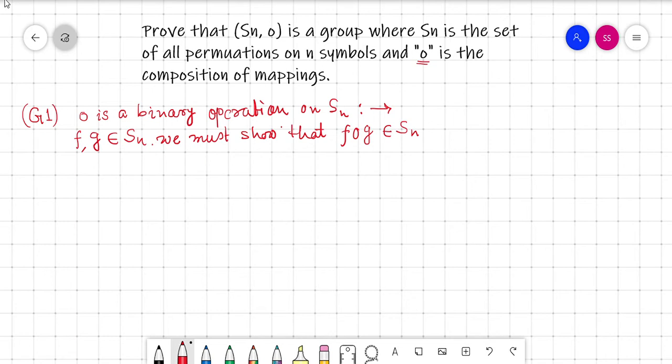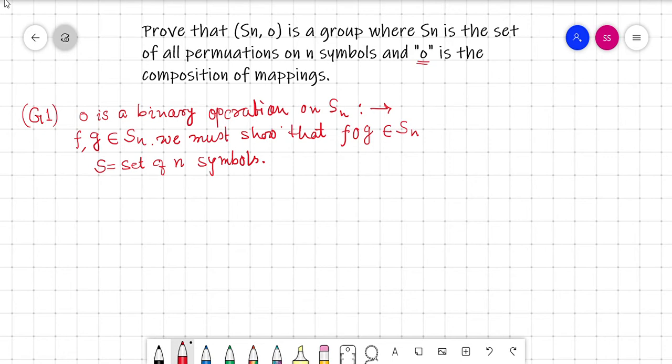For our convenience, suppose we denote the set of n symbols by S. You can take these symbols, for example, a1, a2, a3, and so on, an, or you may take 1, 2, 3, 4, to n, whatever you want.